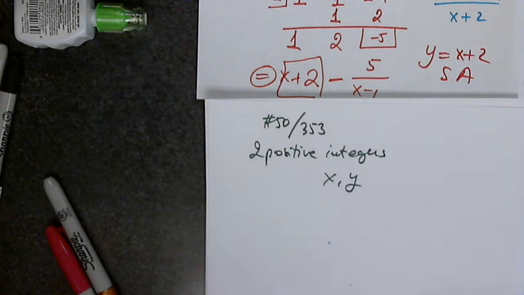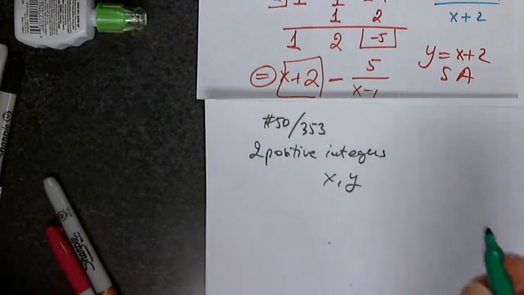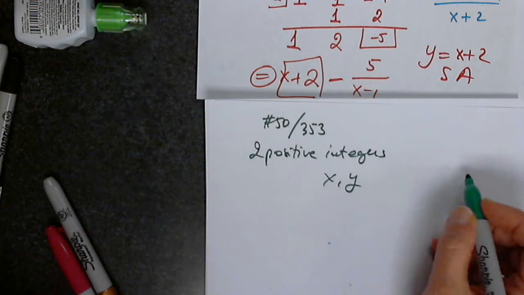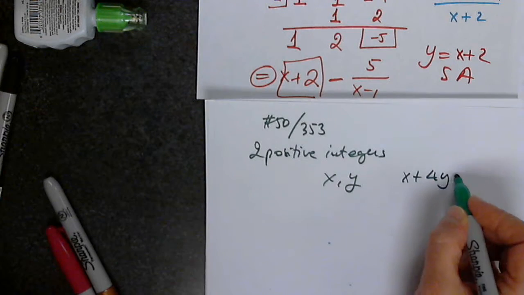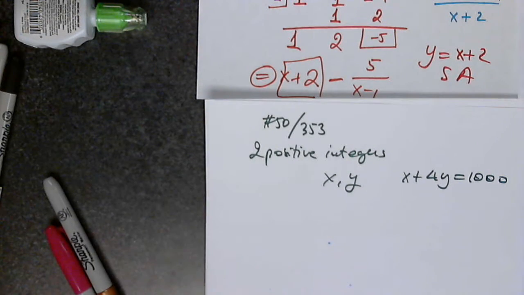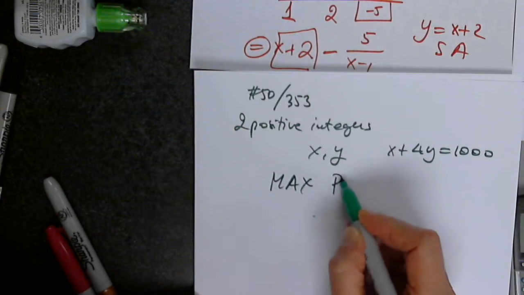So can you give me two positive integers? Unknown. Well, x and y, right? Very good. And the product of the numbers is as large as possible. So I'm asked to find the max product.